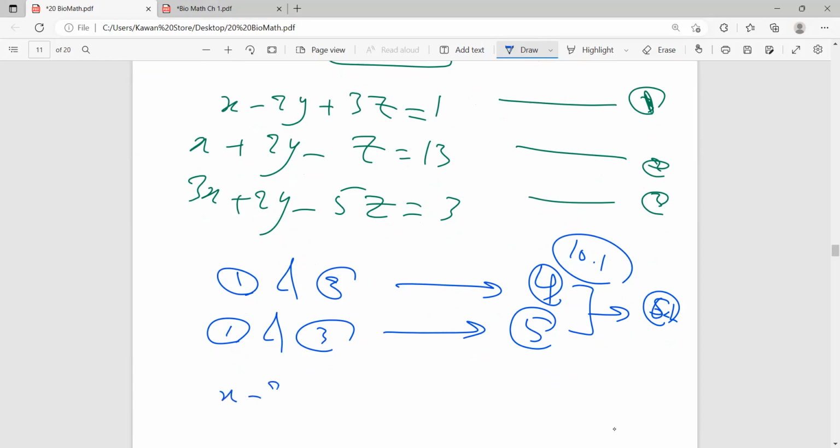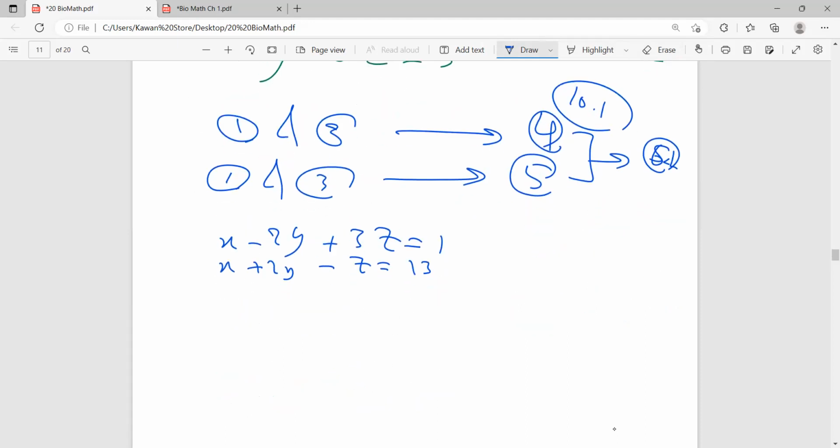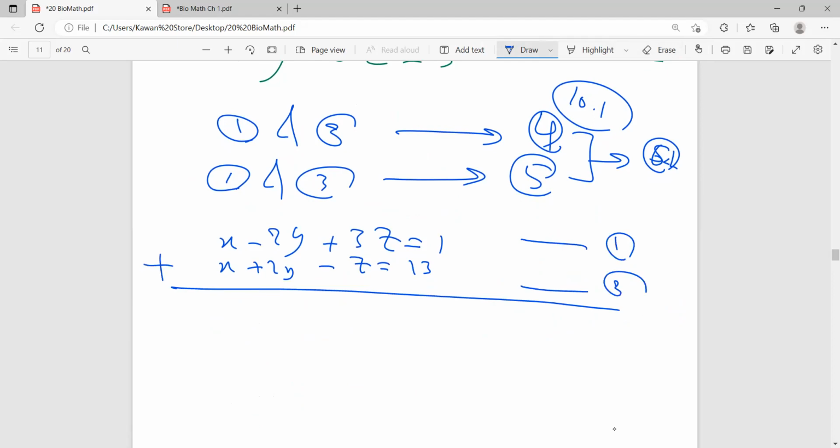x minus 2y plus 3z equal to 1. x plus 2y minus z equal to 13. You can see from equation number 1 and number 2, which one is easiest to remove? 2y. So y is ready, right?